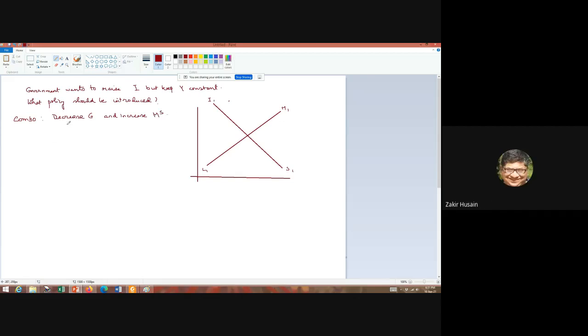Okay, so if you decrease G, what will happen is Y will go down and the rate of interest will also come down. If you increase MS, Y will go up and the rate of interest will decline. So let us say these two cancel out.